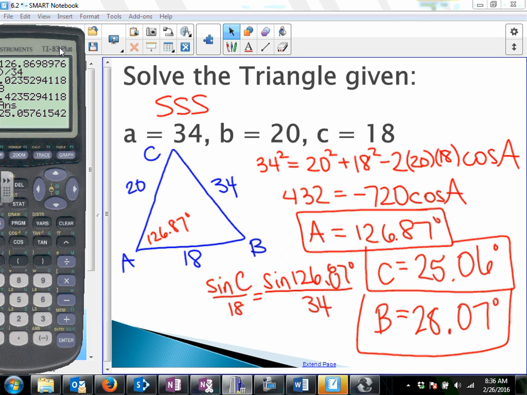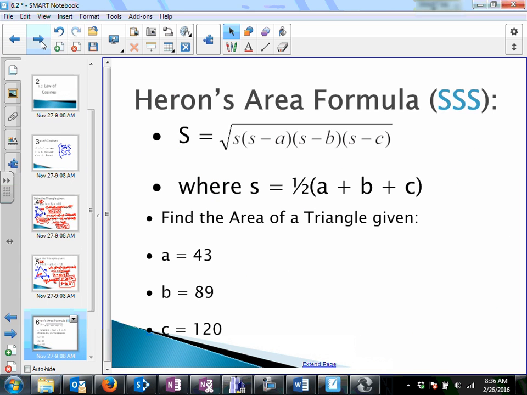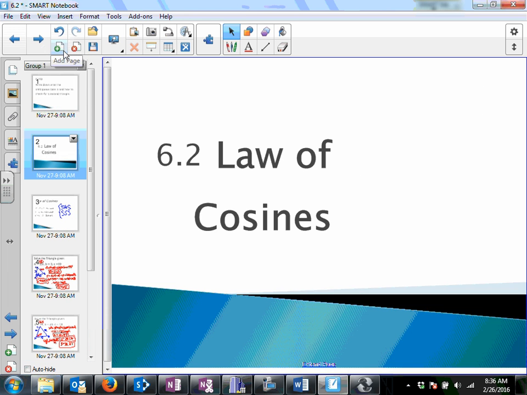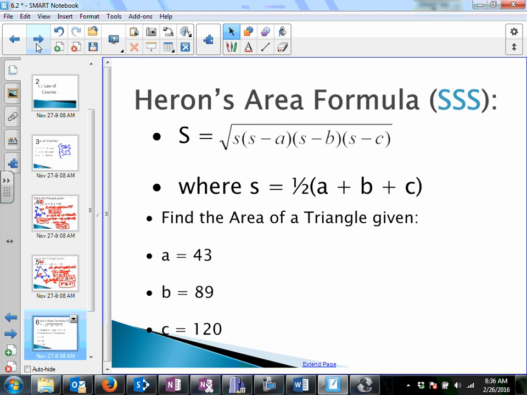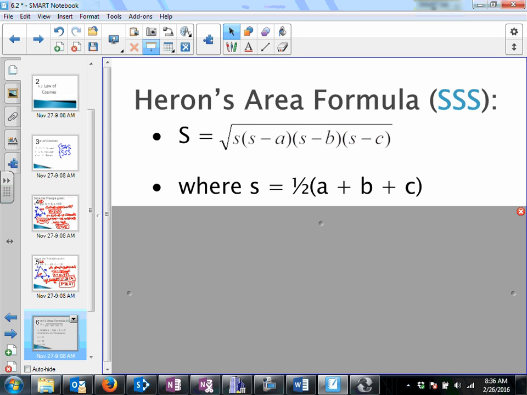So we have an area formula, obviously, when we know base and height. But when we know side, angle, side, we also have a formula for area. And when we know side, side, side. Okay? So I'll have you go ahead and copy down this formula, and I'll explain what it means.